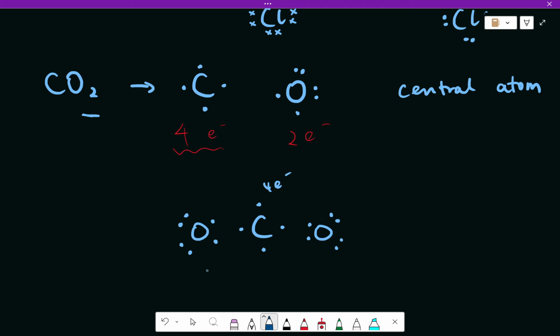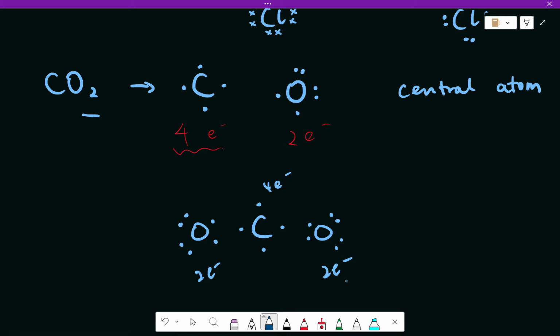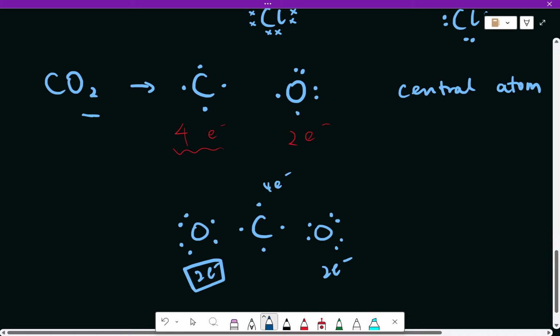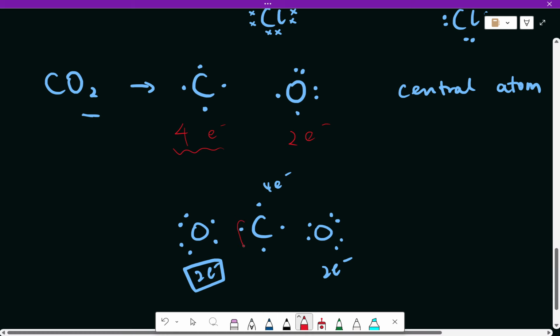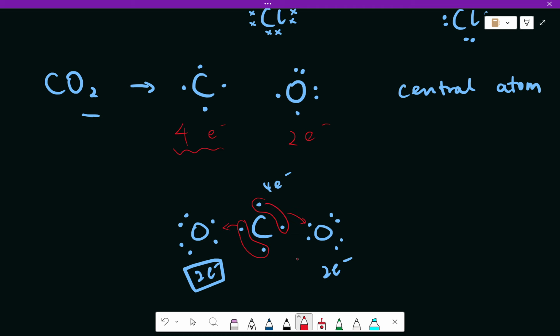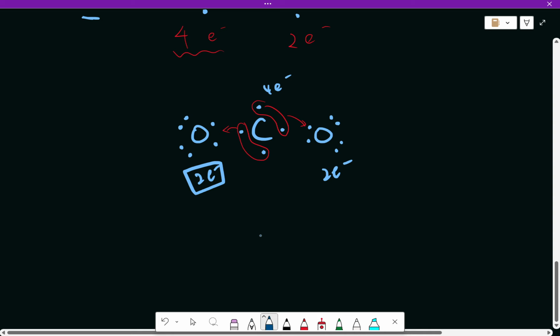And for oxygen, it would need 2 more electrons for each oxygen to achieve 8 electrons in its valence shell. So since each oxygen needs 2 more electrons, we're going to let the carbon generously share 2 electrons with this oxygen, and another 2 electrons with the oxygen right here. So by doing so, we're going to have something like this.